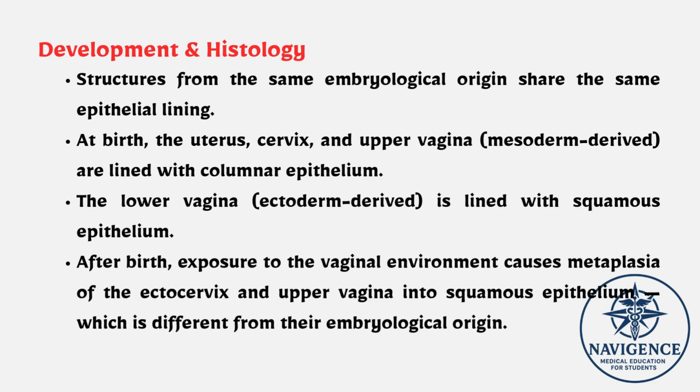At birth, the uterus, cervix, and upper vagina, mesoderm-derived, are lined with columnar epithelium. The lower vagina, ectoderm-derived, is lined with squamous epithelium. After birth, exposure to the vaginal environment causes metaplasia of the ectocervix and upper vagina into squamous epithelium, which is different from their embryological origin.